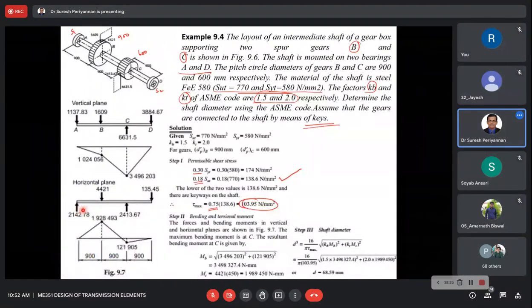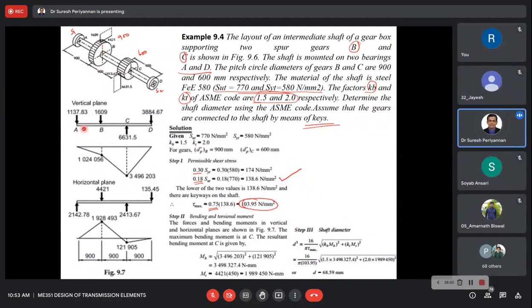See here, this is the vertical load and this is the tangential load on the first gear. Now see gear 2, where gear C is located on the shaft. At point C, the vertical and radial loads are given.